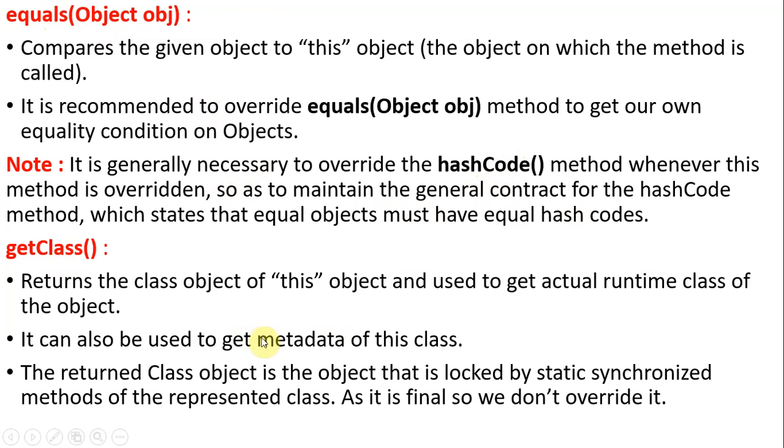The getClass method returns the class name of the object. It is used to know the metadata of the class. Metadata is nothing but the structure of the class.